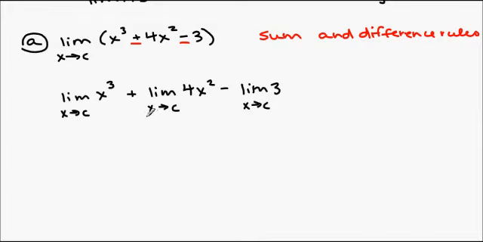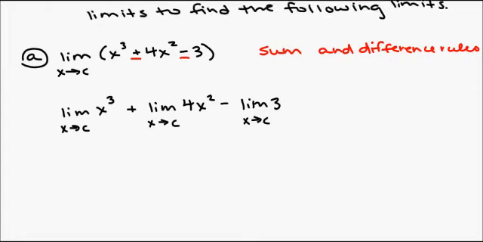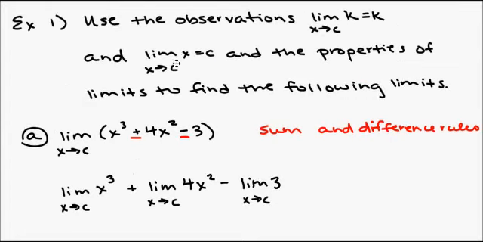And from here, we want to actually find the limits. So remember that if you have the limit of x as x tends to c, that equals c. Basically, you took this c and you plugged it in for the x, and out pops a c.